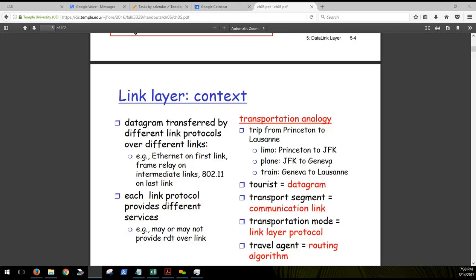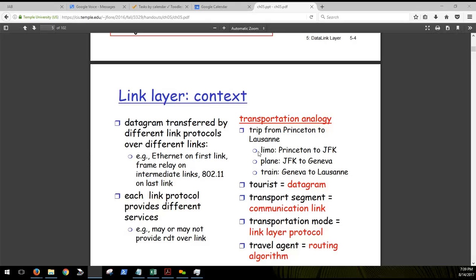Well, let me ask a question. Different links do different things. Would you drive from JFK to Geneva? No, you would take the plane.